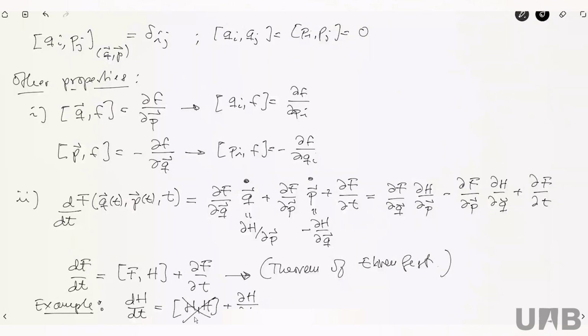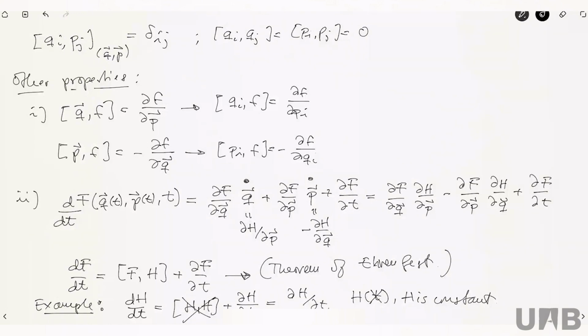But this is 0, clearly, because it cancels out exactly. So that means that the total derivative of the Hamiltonian equals its explicit derivative. So if the Hamiltonian does not depend explicitly on time, then H is constant. This we already saw, and now we can also see it coming from the properties of the Poisson brackets.